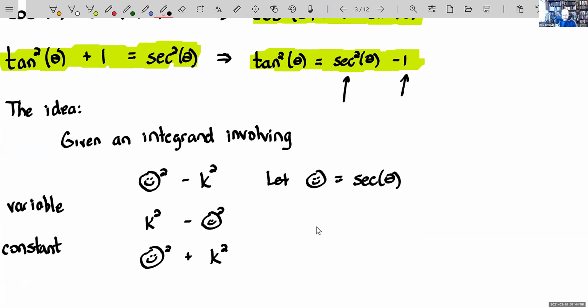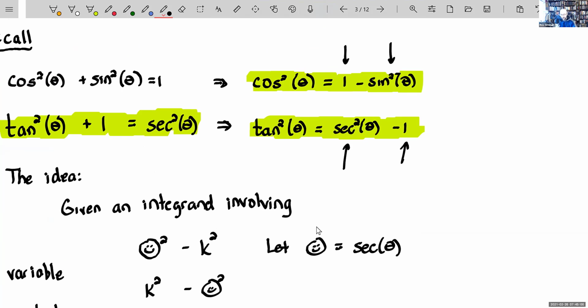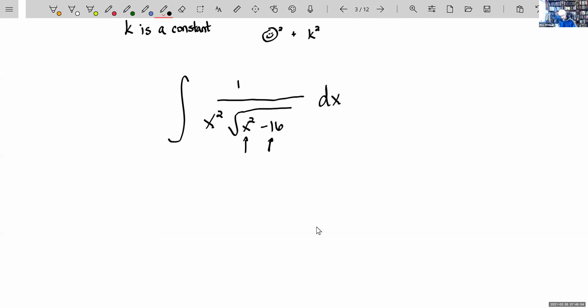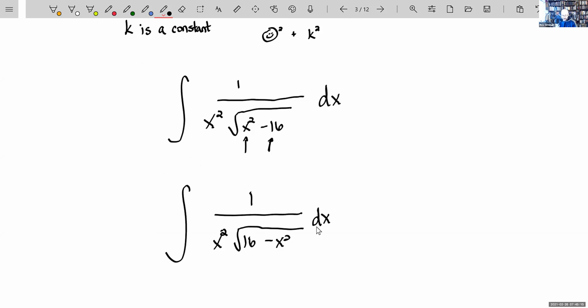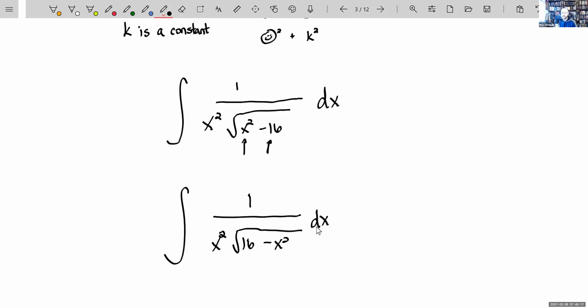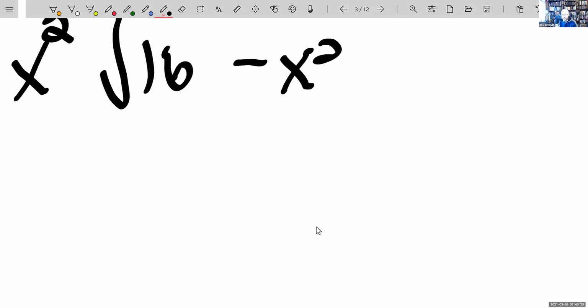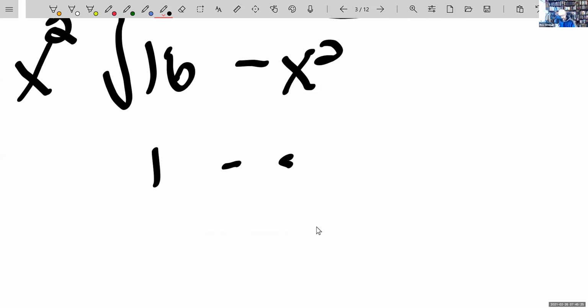If the integrand had, instead of this x squared minus 16, what if it was 1 over x squared times the square root of 16 minus x squared? In other words, it's a number minus a variable squared. Again, that one should be somewhat obvious. 1 minus sine squared. That's really what I see. When I see 16 minus x squared, I actually see 1 minus sine squared because it's very close to that format.